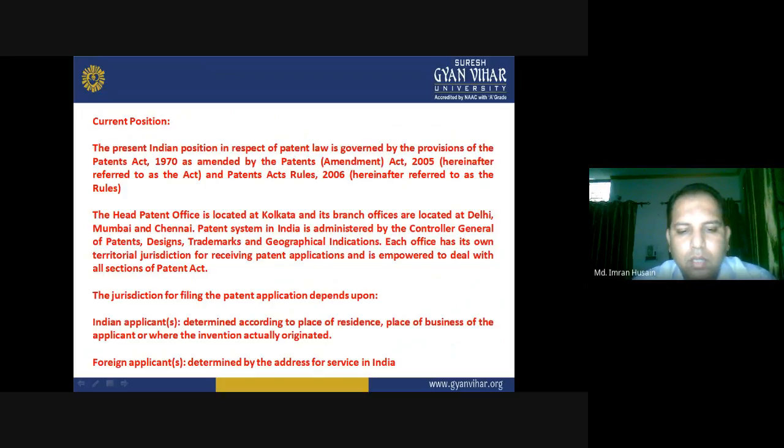The patent system is a contract between the inventor and the authority, whereby the inventor gets exclusive rights for a period of 20 years, and in return discloses full details of the invention. The main purpose of the patent system is to encourage innovation and eventually result in technical development.